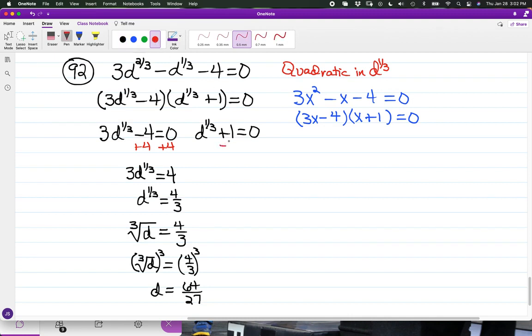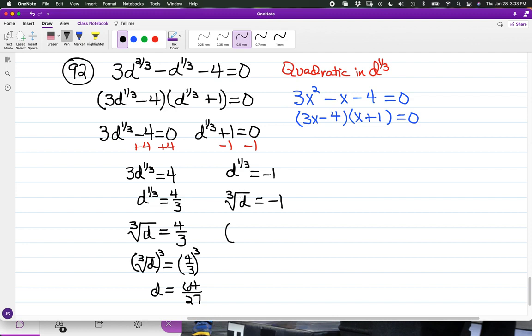If I take 1 away from both sides, I have d to the 1/3 equal to -1, and if I translate into a radical, d to the 1/3 is like the third root of d to the first, so I have the cubic root of d is equal to -1. Now if I had an even root, like square root or fourth root, I would have no solution, but in the case of an odd root, the expression can reduce to a negative constant.